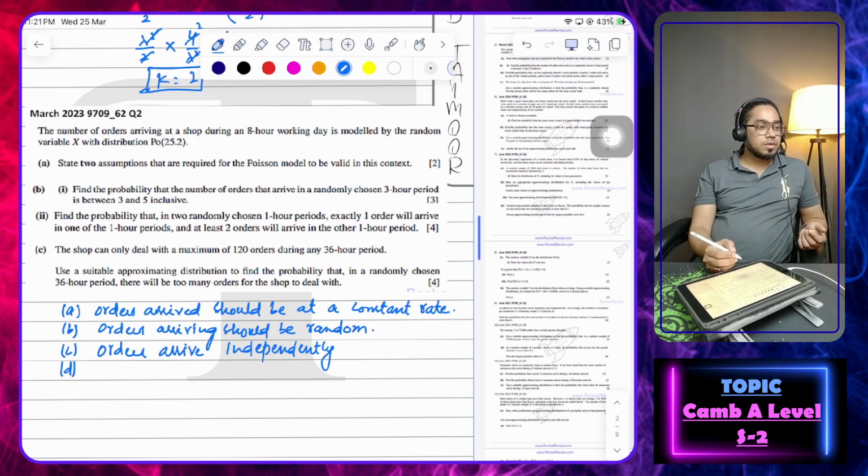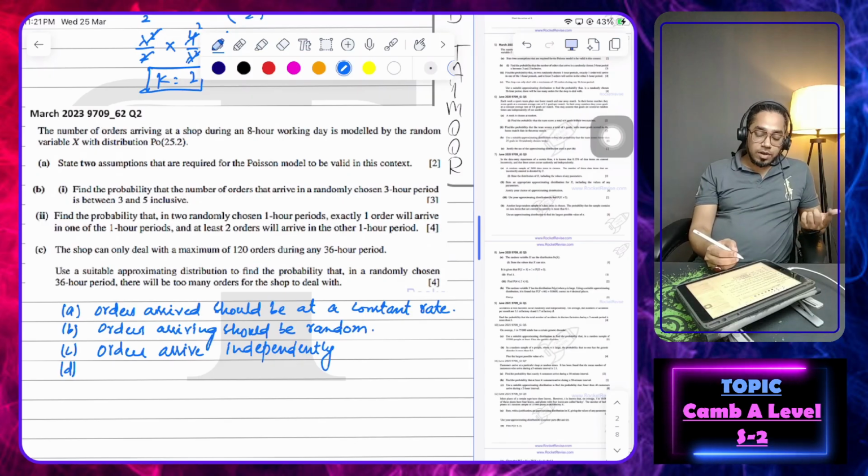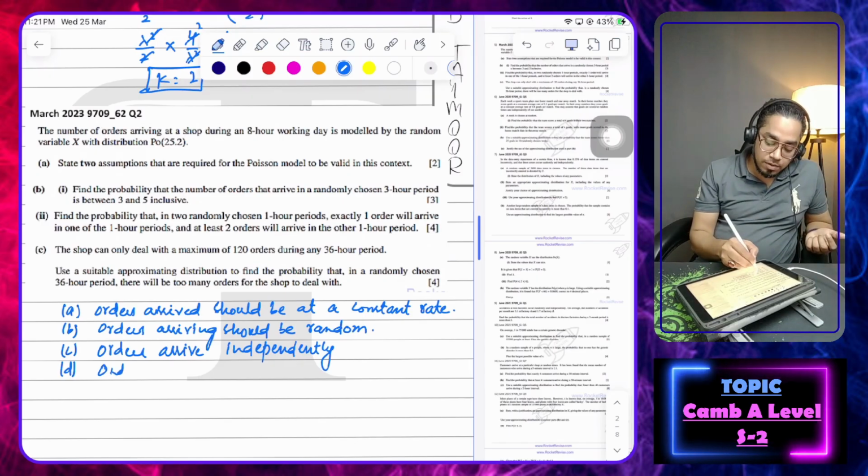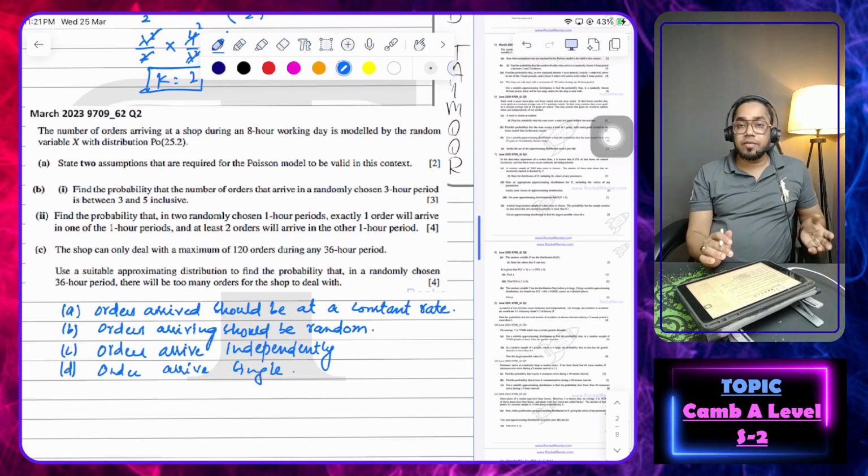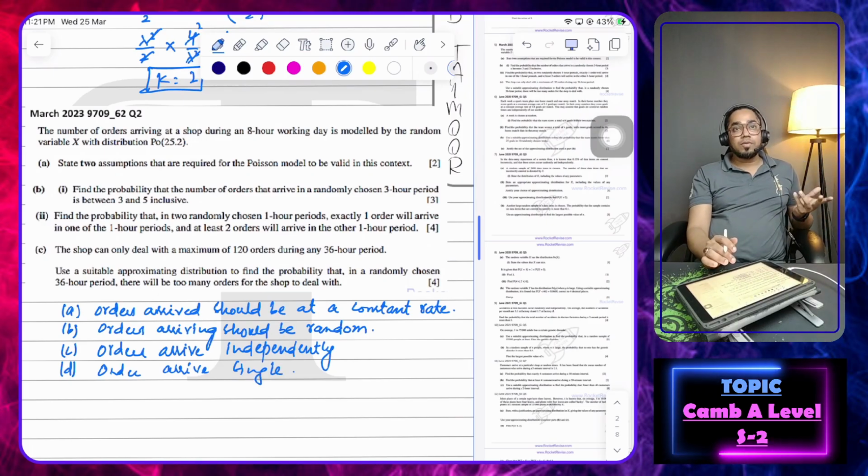And the fourth assumption was singular events: orders arrive singly.